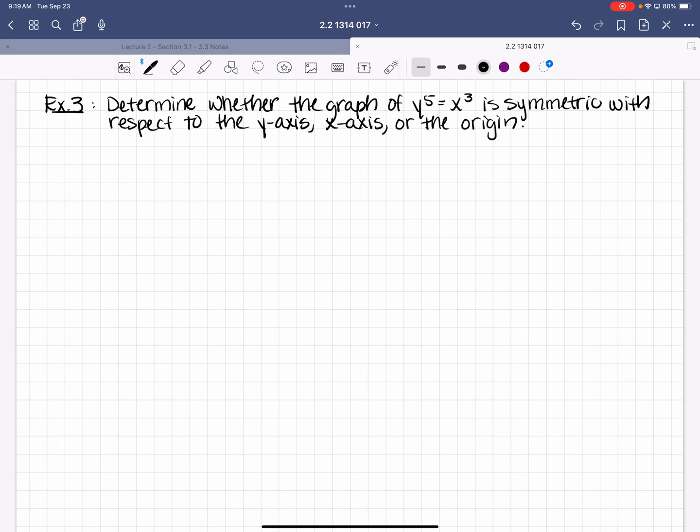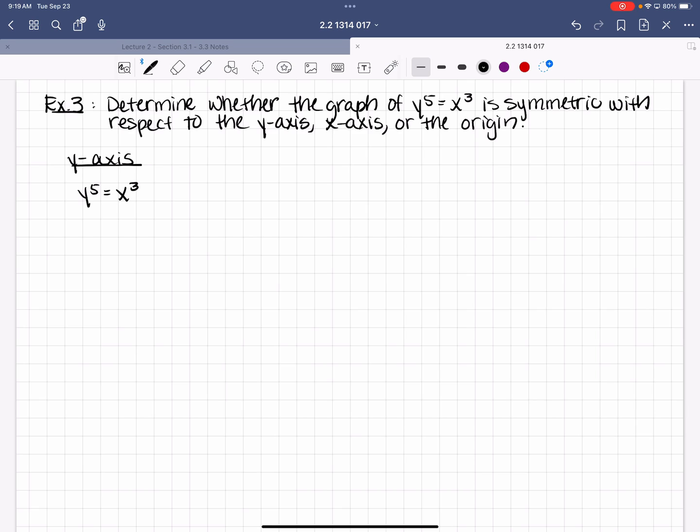This one's not as easy for you to see, even if you see the graph that comes from the equation in your head, because it's in terms of y to the 5th, and you'd have to take the 5th root of everything. So it's easier just to test here. So let's do y-axis. We start with our original, y to the 5th equals x cubed. Okay?